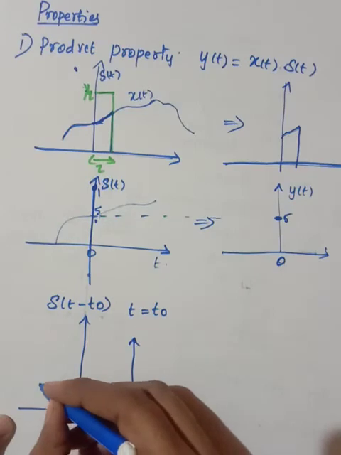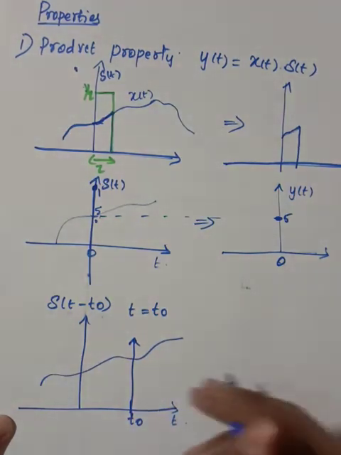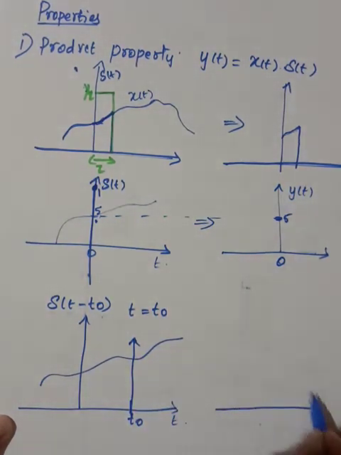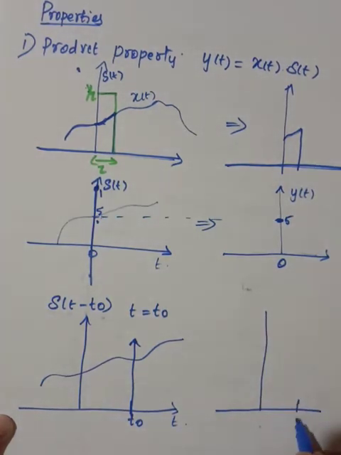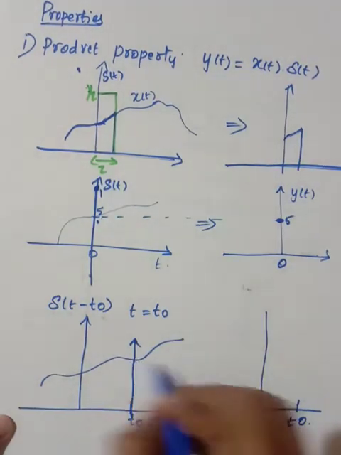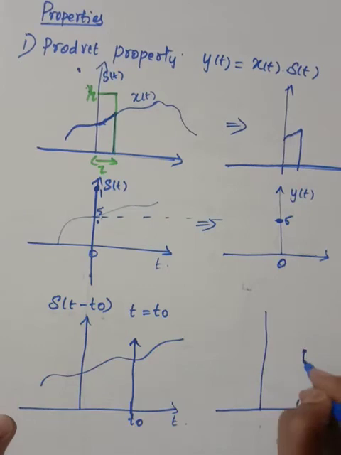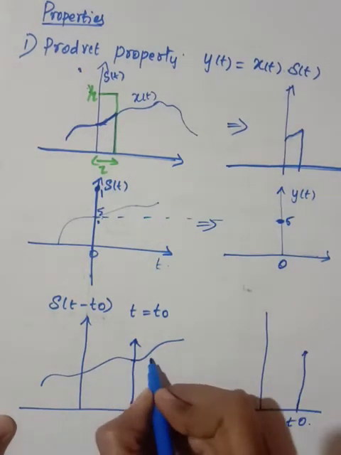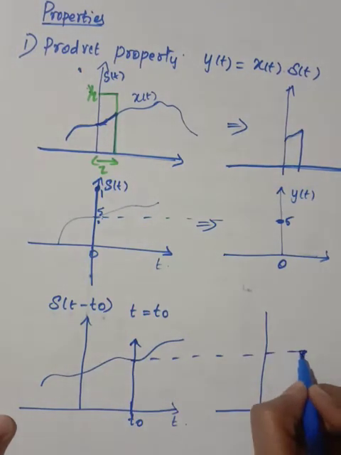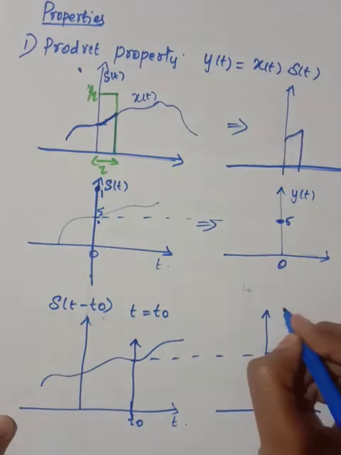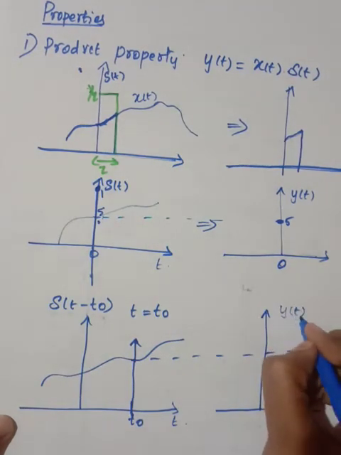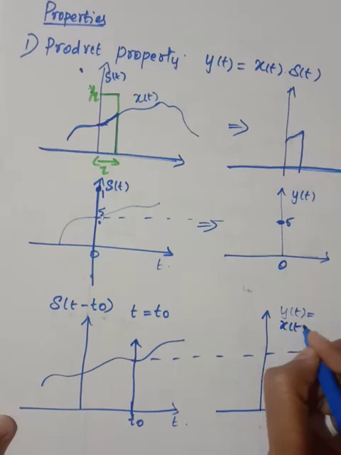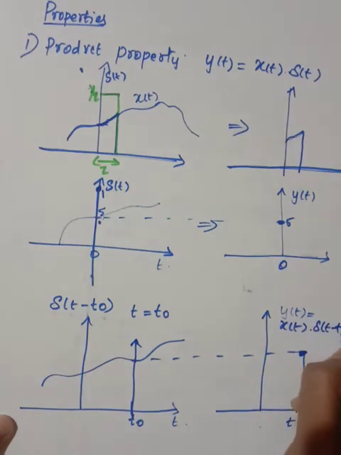When I multiply a signal with this delta of t minus t naught, I will get only the value at t naught. So this y of t is equal to x of t into delta of t minus t naught.